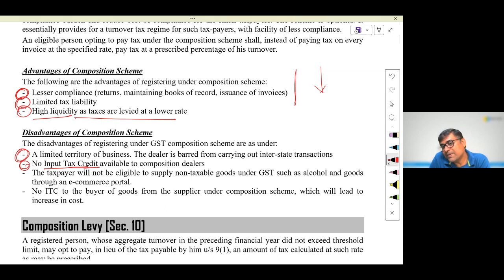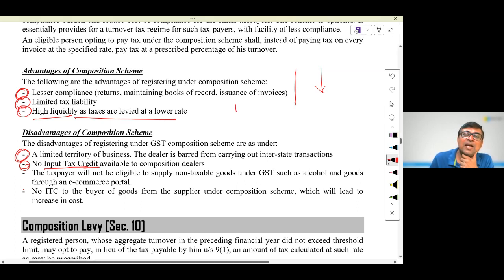If you are doing interstate supply, you cannot take the benefit of this scheme. Next, you should not be engaged in any goods which are not under the purview of the GST. Moreover, you are supposed to pay tax from your own pocket. You are not supposed to collect this tax from your buyer.